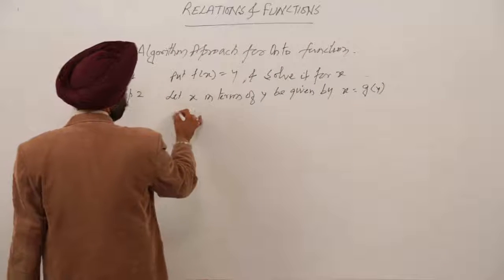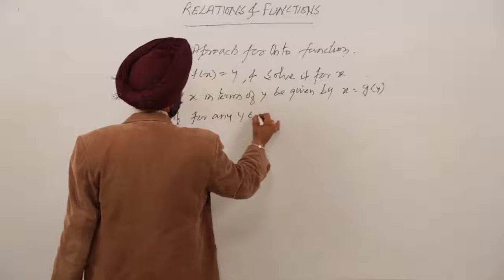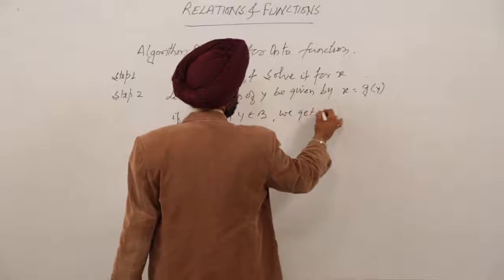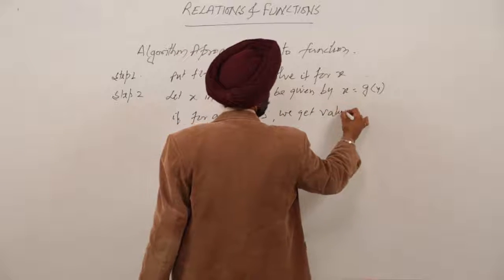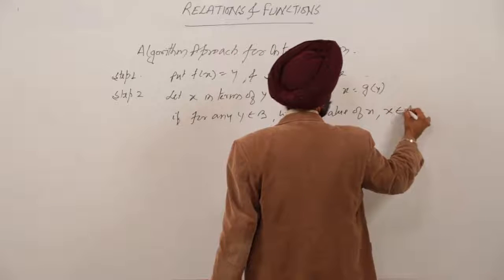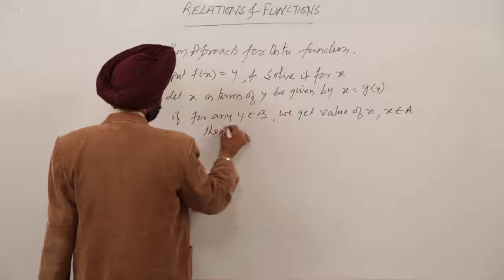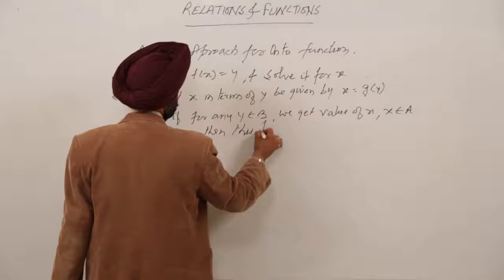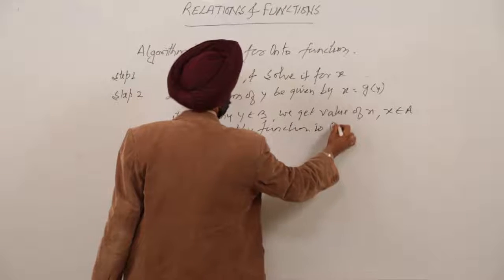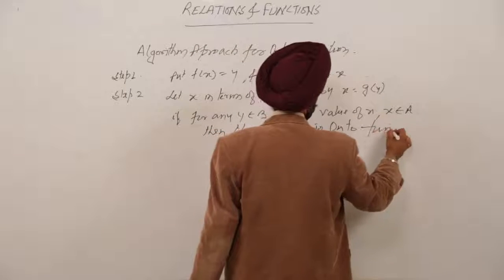If for any y belongs to B, we get a value of x where x belongs to A, then this function is onto function.